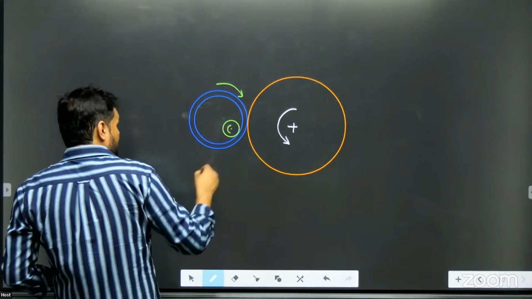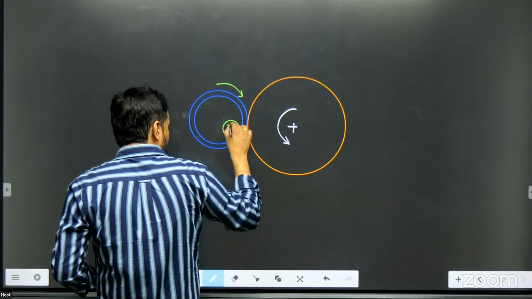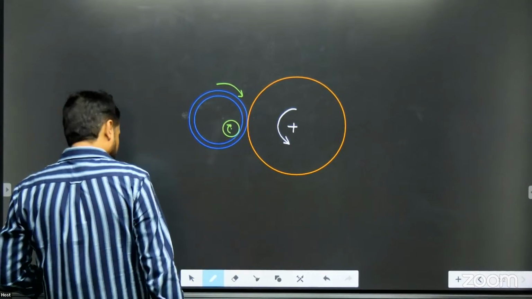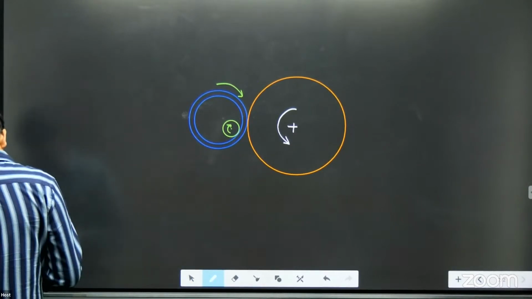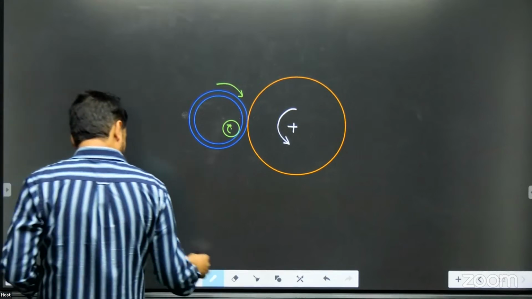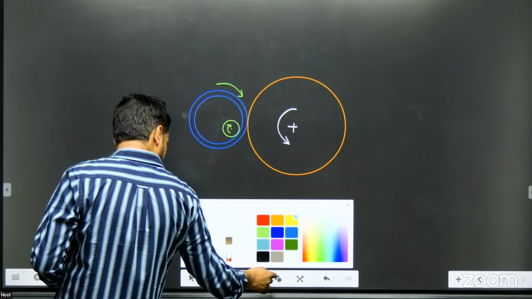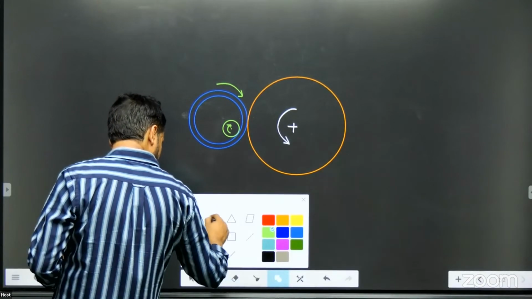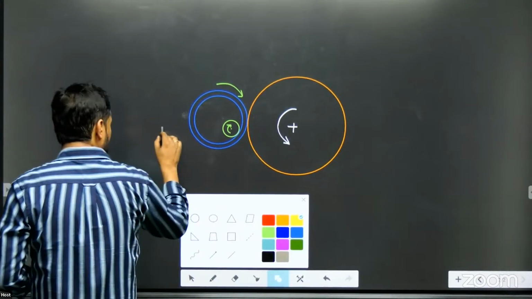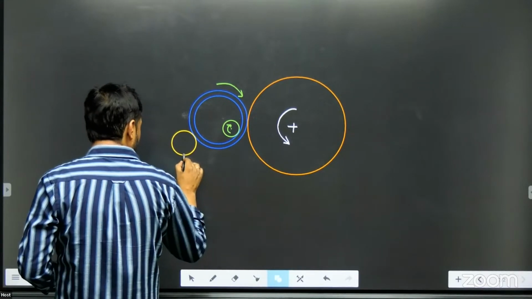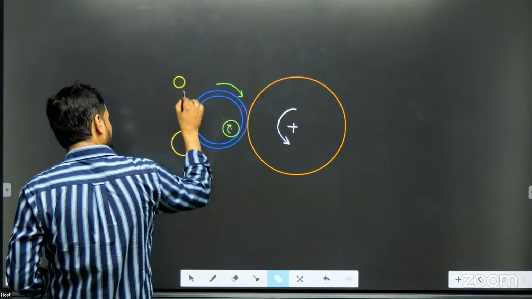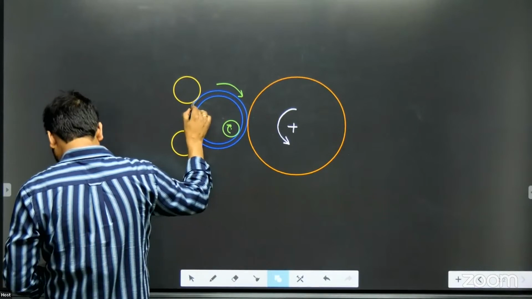Everything rotating in this direction, this will also have to rotate in this direction. And then we have these two wheels. One is support, one is pressure. This is the support wheel. That's the pressure wheel.